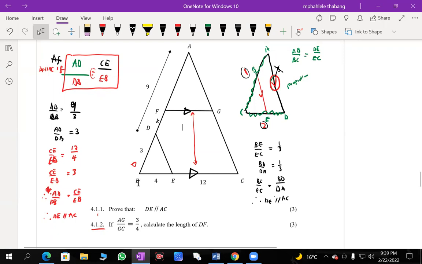So where do you get the information that FG is parallel to BC? Why are you saying FG is parallel to BC?